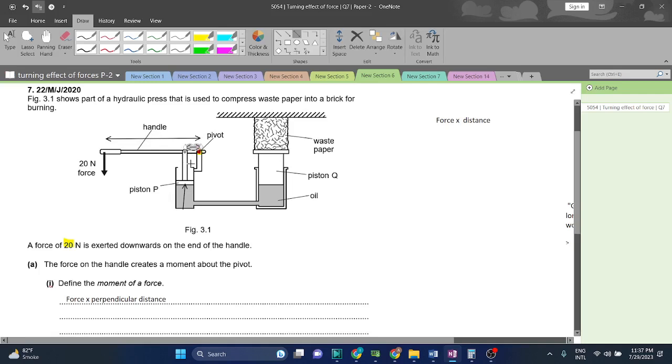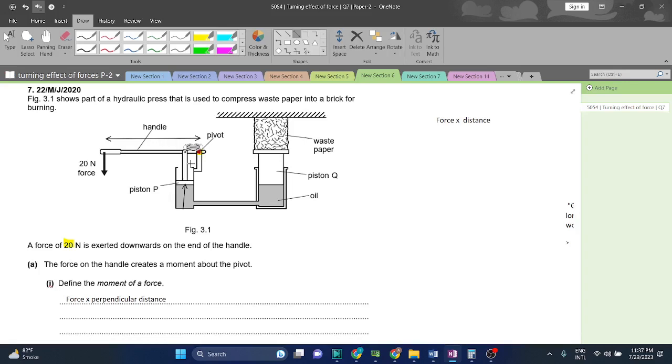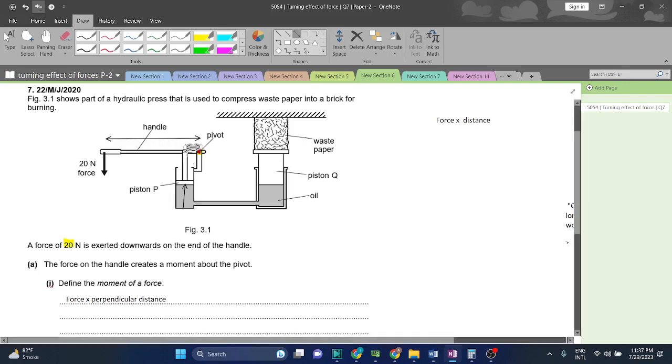जो distance between pivot and piston P का जो line of action है, force की जो line of action है, the perpendicular distance उसका इधर से इधर तक का होगा.